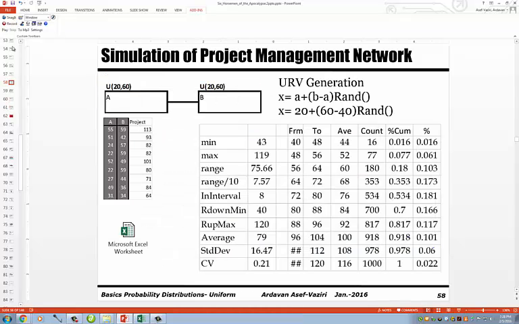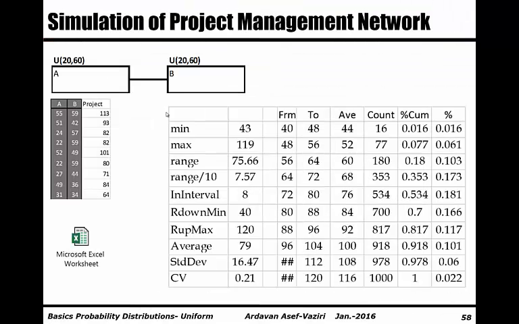Let us start with this project. Two activities, activity A and activity B. The average duration of each of these activities is 40 days. But this 40 days is just the average.